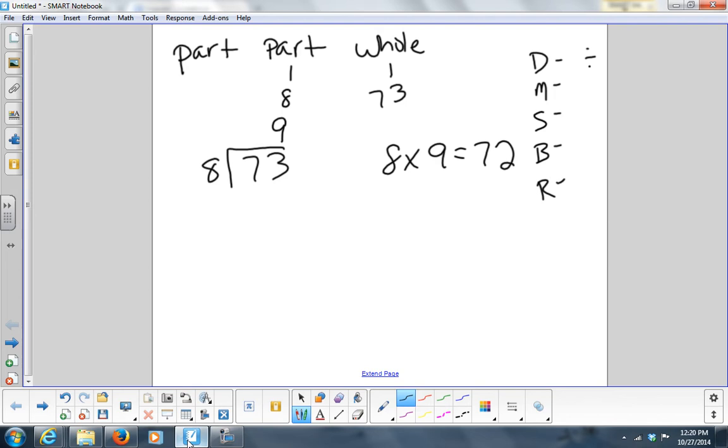So divide, multiply, subtract, bring down, and remainder. I never knew that. That's because it's a 4th grade thing. No, I learned it first. Yeah, just last year, we learned it first.